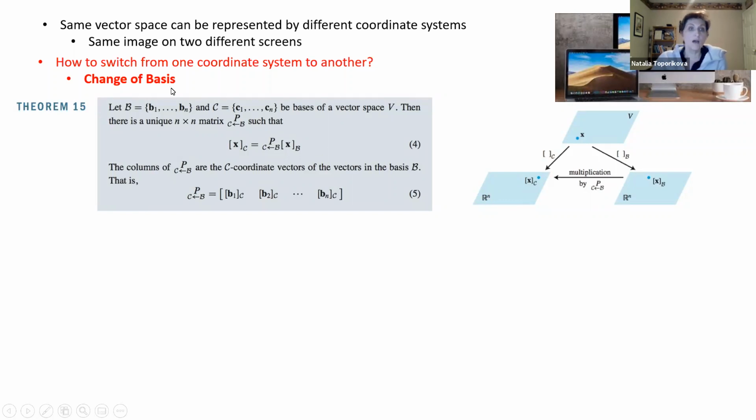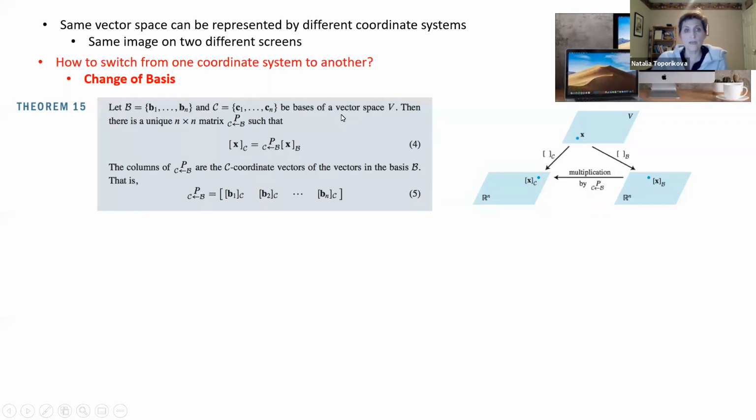Let's assume that we have two different bases for the vector space V. The basis B has n vectors, and basis C, of course, also has n vectors. These are different vectors, but there are n of them. We know that we can have an infinite number of bases, but let's look at two systems.